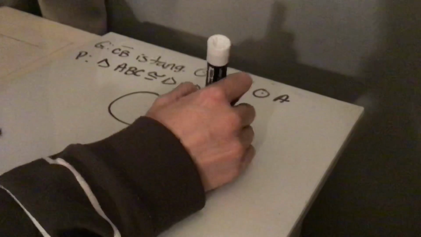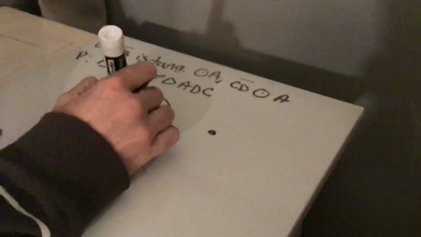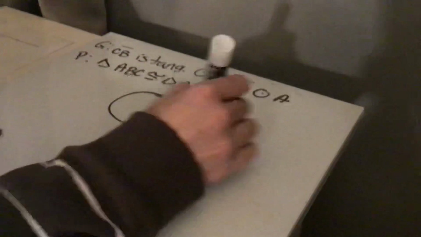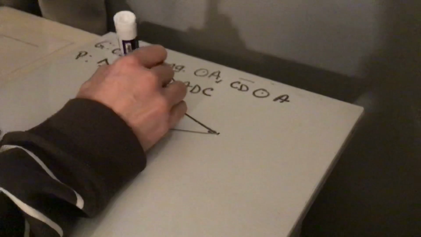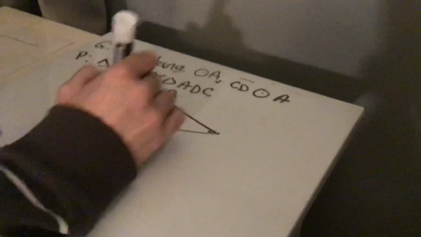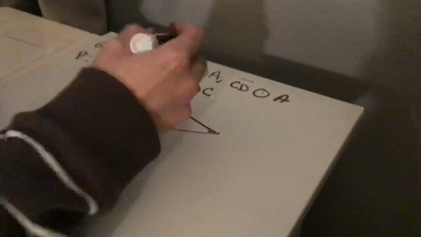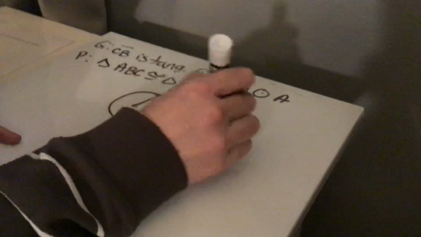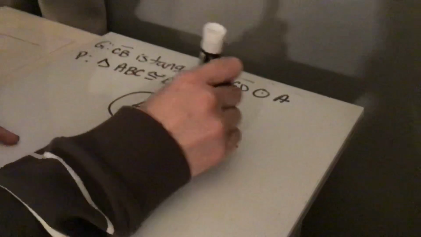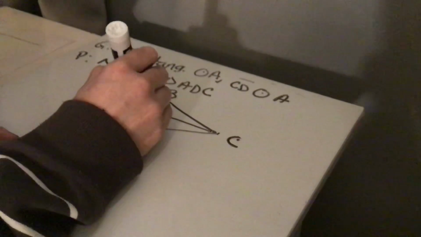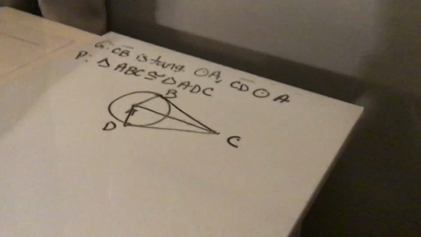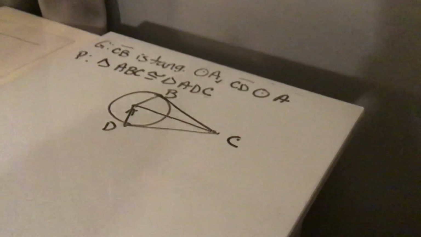So here's our picture. Here's point C, B, and D. So we're saying that these are tangents. Here's circle A. So what we're trying to show is triangle ABC is congruent to triangle ADC. Well, let's think about this.